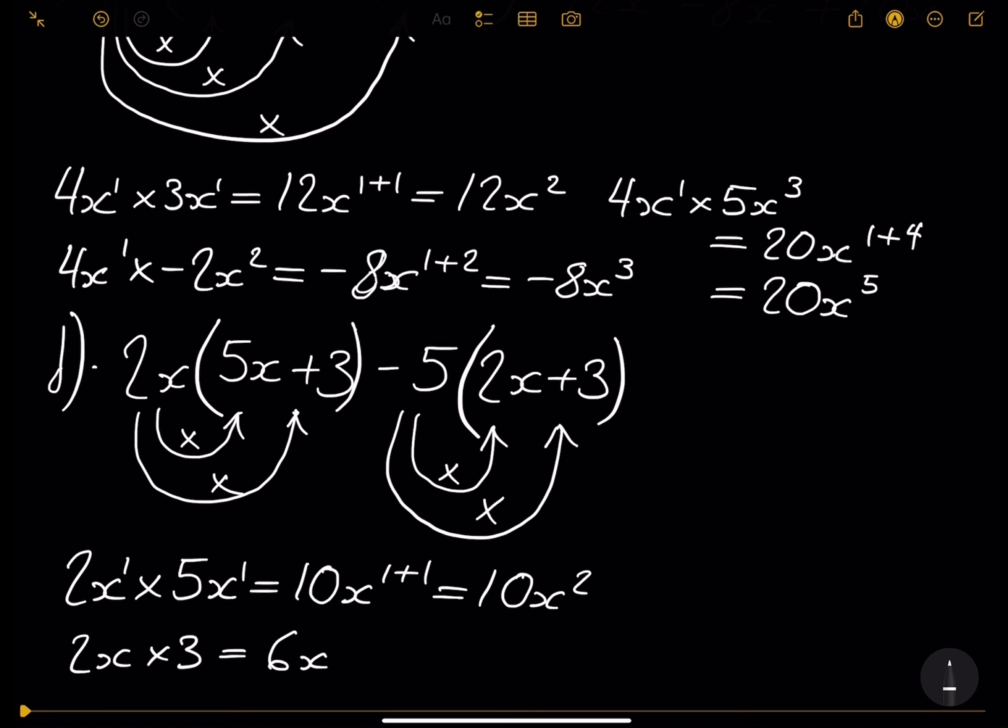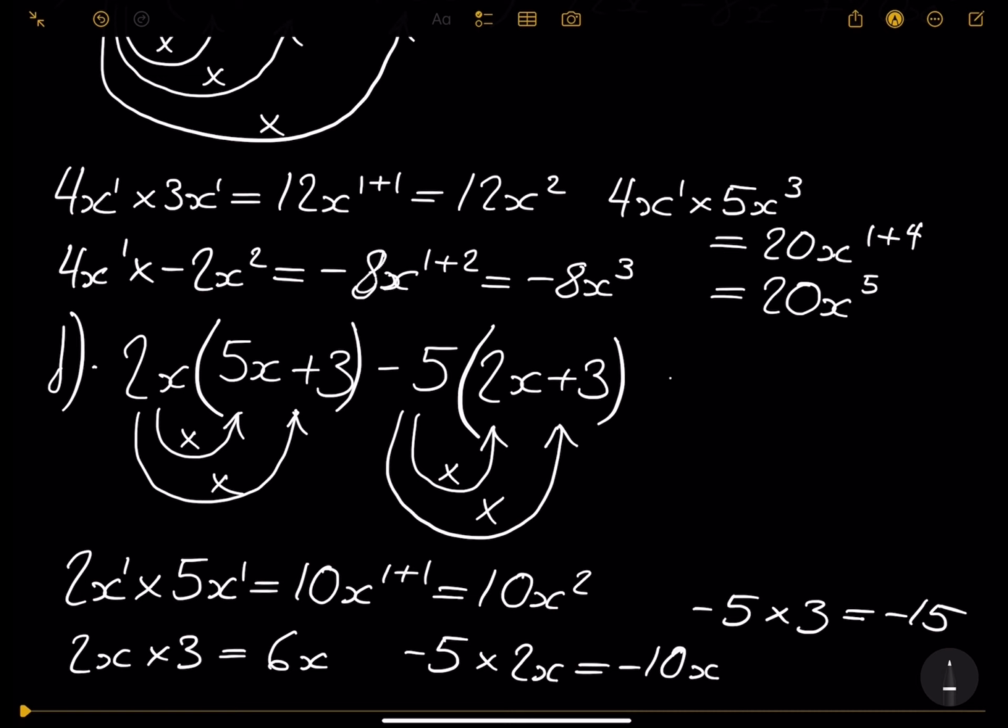And then for the second expression, we've got minus 5 multiplied by 2x, which is minus 10x, and then minus 5 multiplied by 3, that's minus 15.